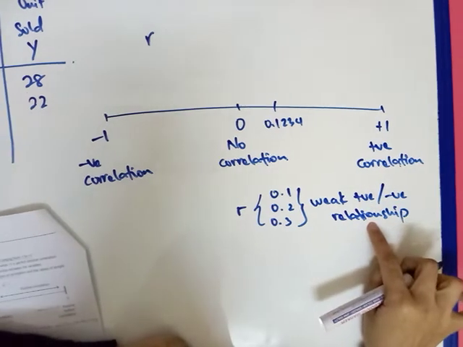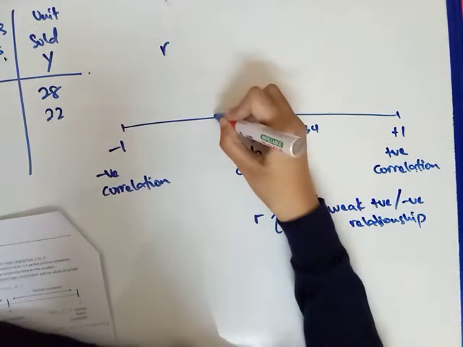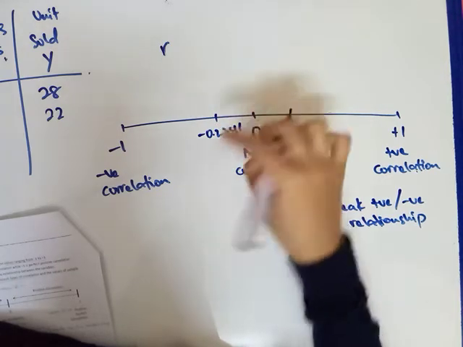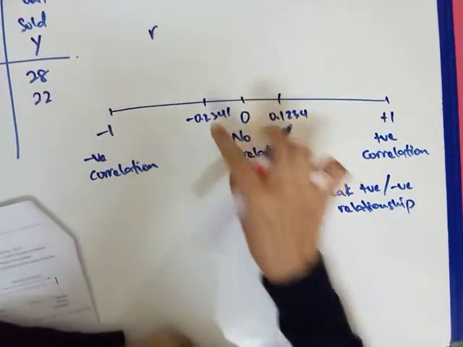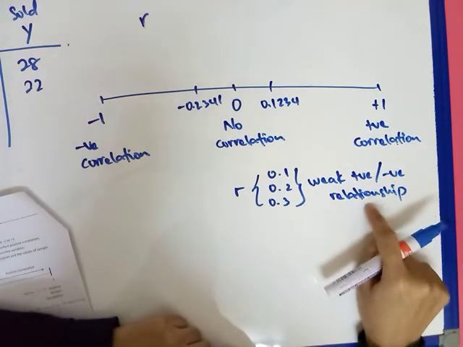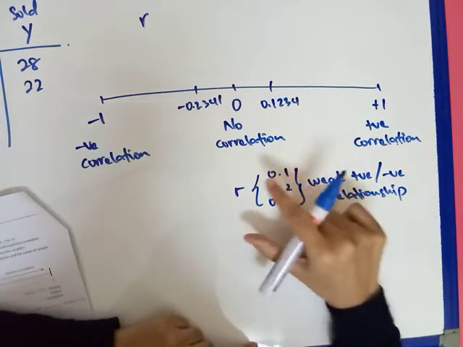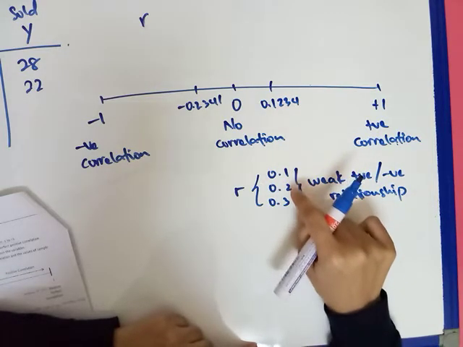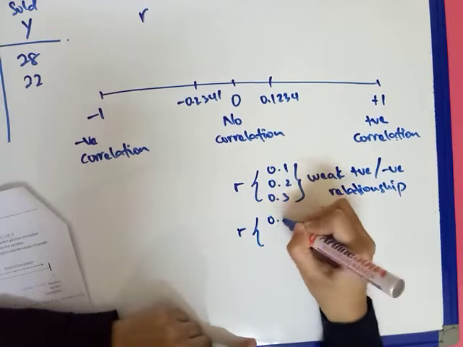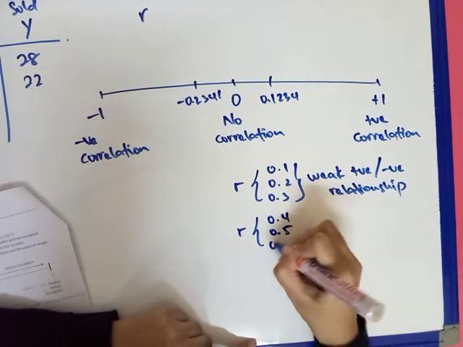Okay, when you get the value for R as negative 0.2341, for example, you can describe it as a weak negative relationship. Okay, you faham nah maksud saya ni? Okay, it is between 0.1, 0.2, 0.3. How about when you get the value for R 0.4, 0.5, 0.6?